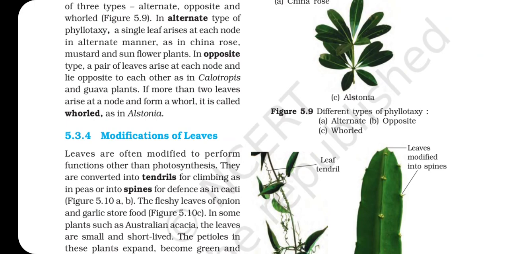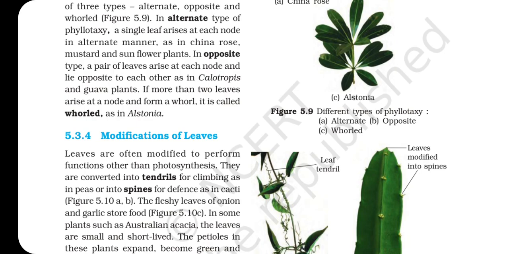Modification of leaves. Leaves are often modified to perform a function other than photosynthesis. They are converted into tendrils for climbing, as in peas, and into spines for defense, as in cacti. The fleshy leaves of onion and garlic store food.